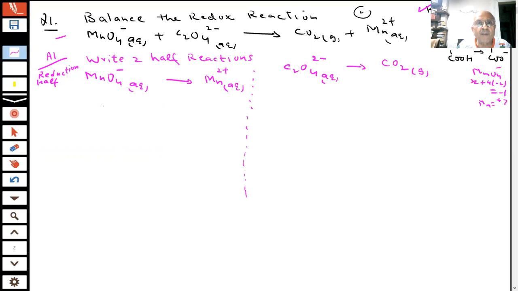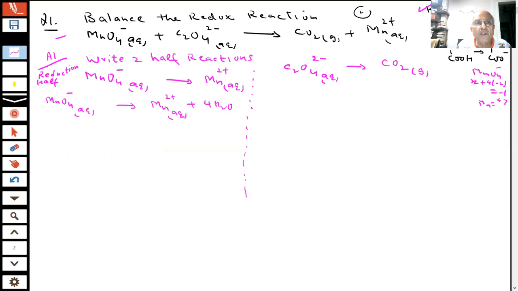What is the first step? You are balancing manganese, 1 and 1. How many oxygen? 4. What will I do? MnO4 minus plus H plus. How much water do I have to add? You have 4 oxygen, so add 4 H2O.